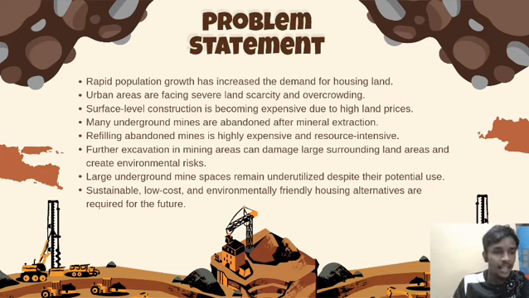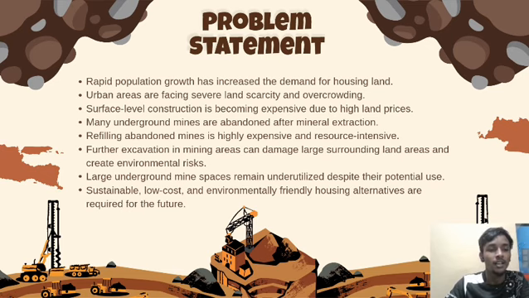We go to the next slide, the problem statement. Let's look at the problem very clearly. Rapid population growth increases housing demand. Urban land is scarce and expensive. Surface construction costs are rising.